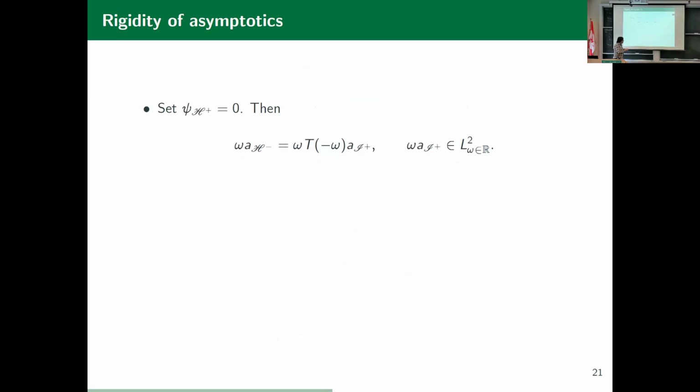Now I should emphasize that I'm using the notation omega H minus to denote the Fourier transform of the radiation field at, say, H minus, because that quantity belongs in L2, so it makes sense to talk about this Fourier transform. So I'm not claiming that H minus by itself is a Fourier transform of anything.